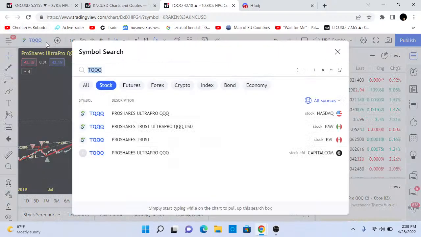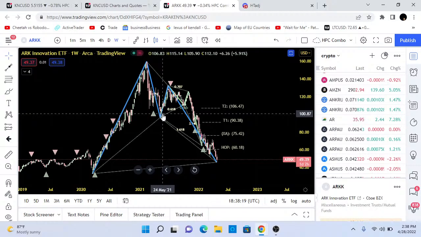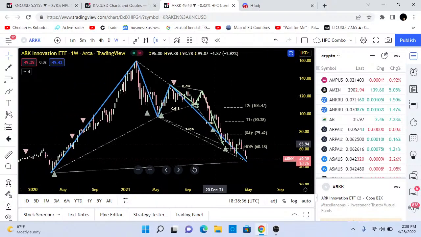Let's go to the poster child of tech from 2 years ago, ARK. Those are good ones, Dalton. Thank you again. All right, ARK. I haven't looked at this in a while. We have a couple big patterns. We have a bat pattern, that's why it's in blue. It's still pending. And in that CD leg, okay, we had an overextended crab pattern.